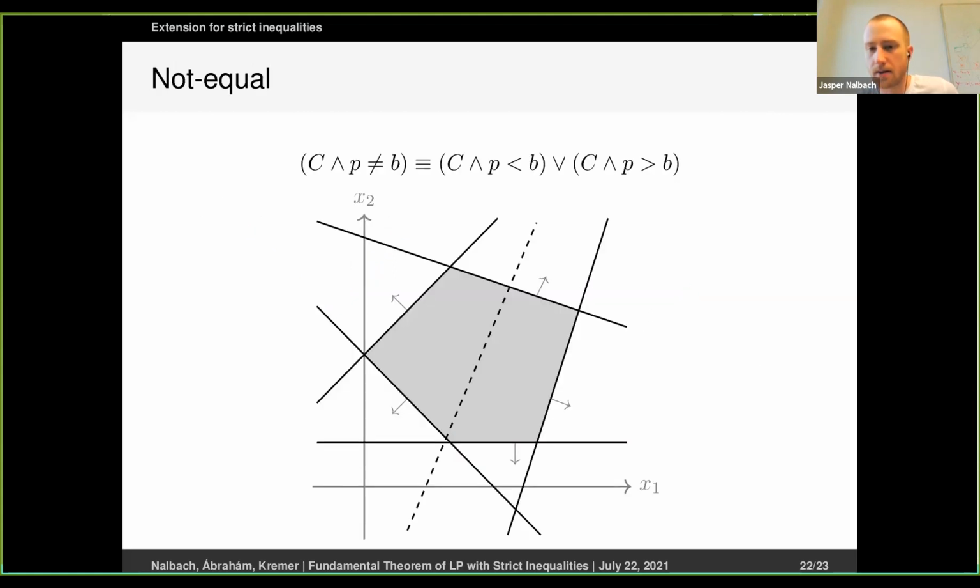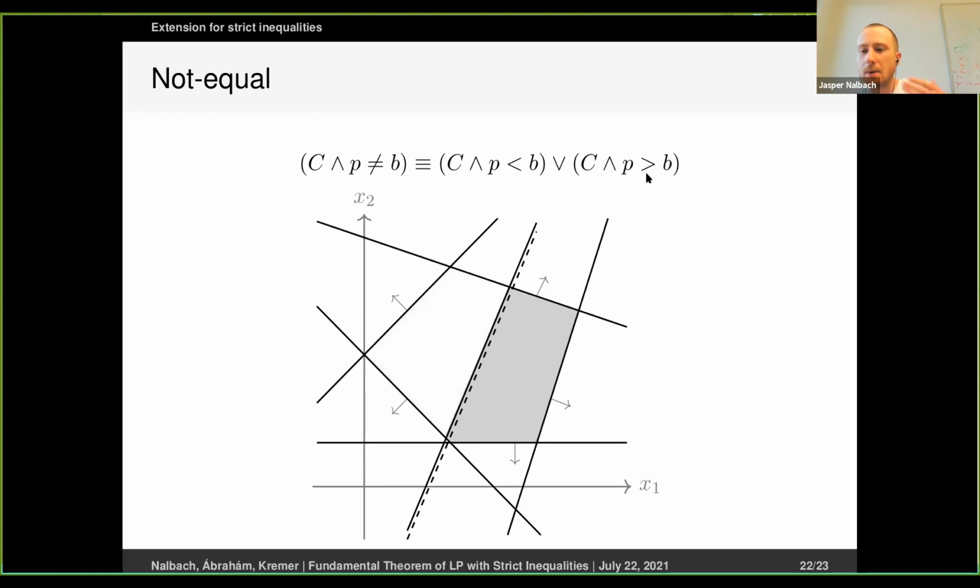Another thing that I did not talk about so far is how to handle the not equal constraints. For now, we are happy with checking whether the system C is satisfiable by interpreting the not equal as a strictly less constraint, and interpreting it with a strictly greater relation.